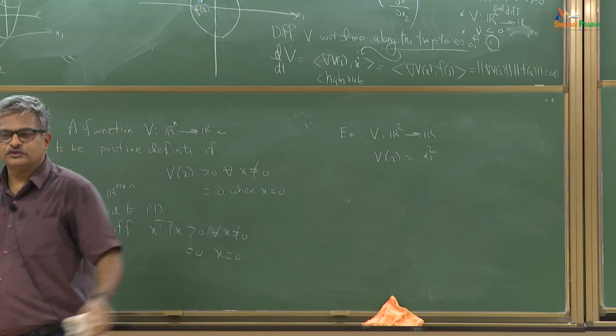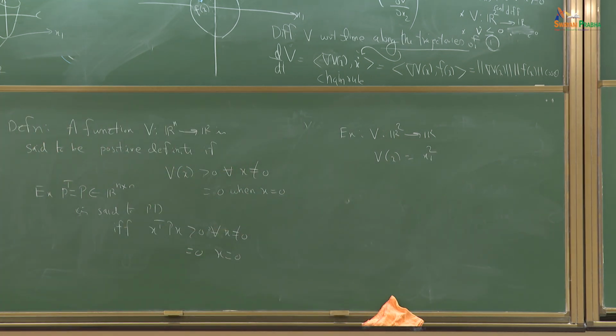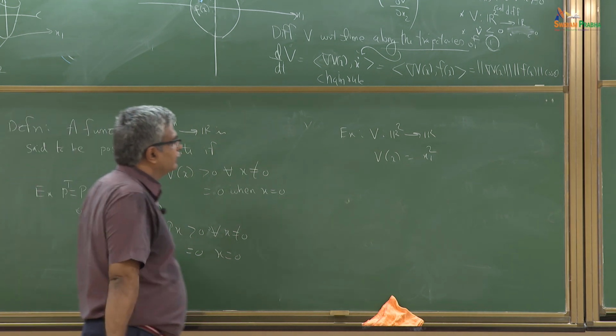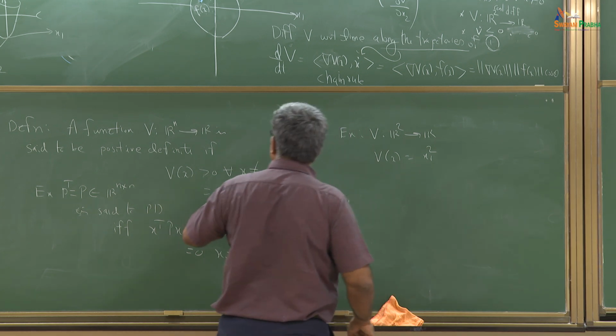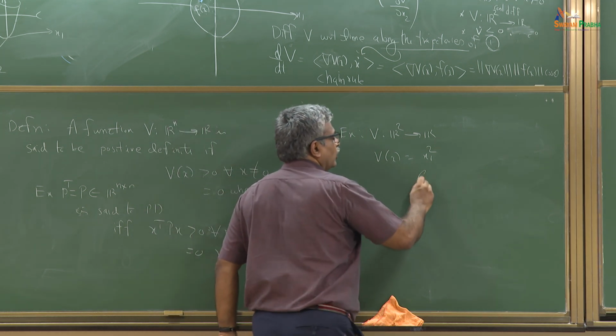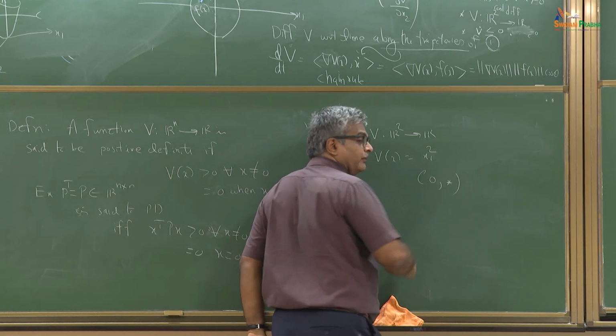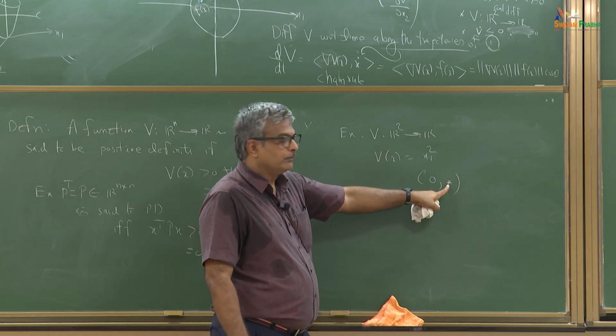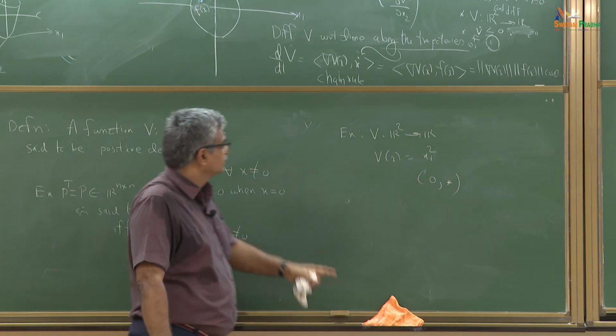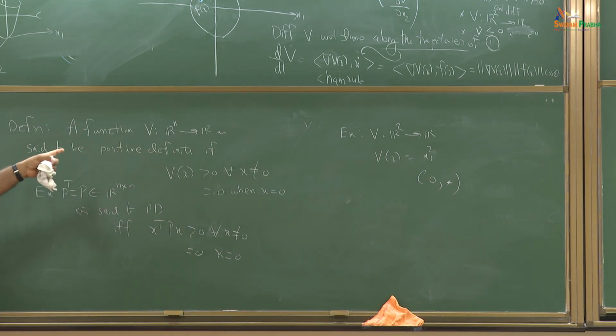Is this positive definite? No, because it is positive semi-definite. It is not positive definite because it is even 0 for x not equal to 0. For example, for all points of this form, where x2 is not 0 but x1 is 0, this is 0, which does not satisfy the definition of positive definite. However, it is positive semi-definite, right.